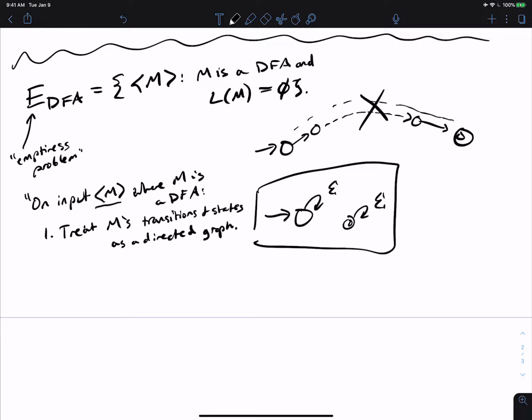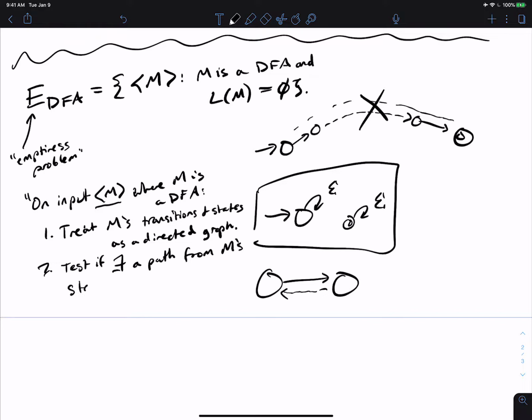So you could have, for example, something like this, but without the reverse happening. And then what we do here is just test if there exists a path from M's start state to any final state.